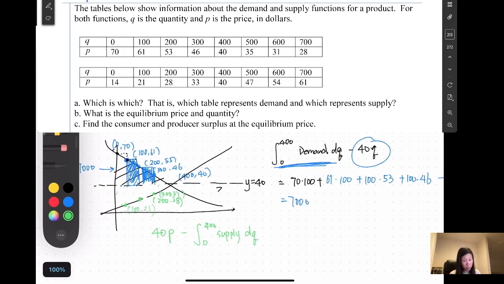Again, we can use the Riemann integral to calculate that, which means you can use either the left endpoint or the right endpoint.